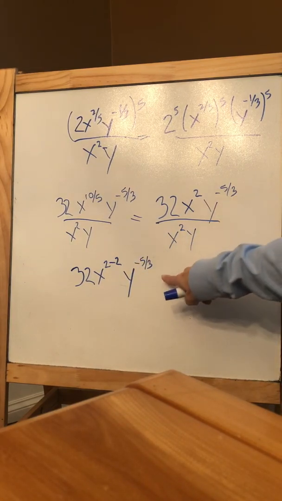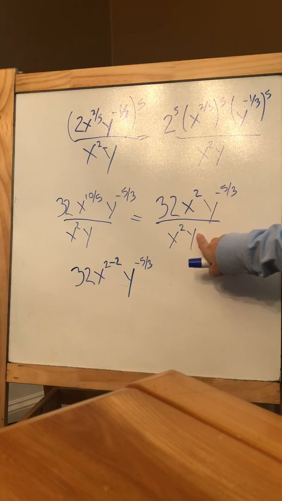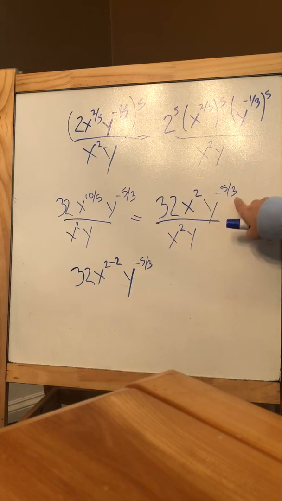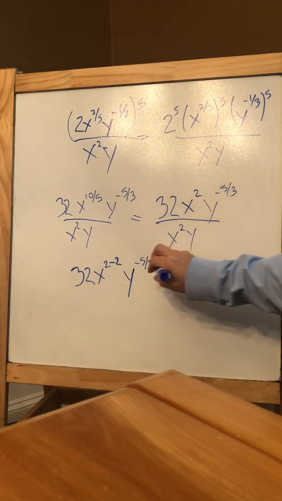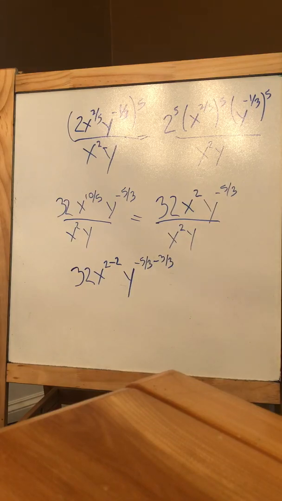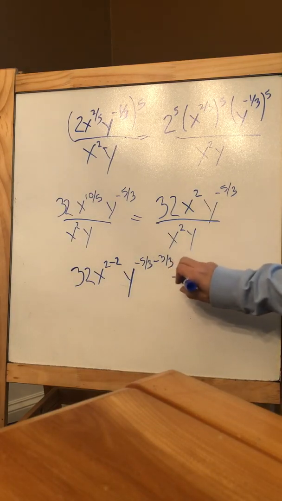Okay, that's just this. Now we want to bring this y up to the top. So it would be y to the negative 1. But y to the negative 1 does not have the same denominator. We need it to be a 3. So another way to write negative 1 would just be negative 3 over 3, right? Okay, so now we can combine them a little bit more.